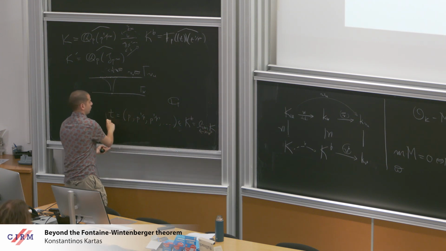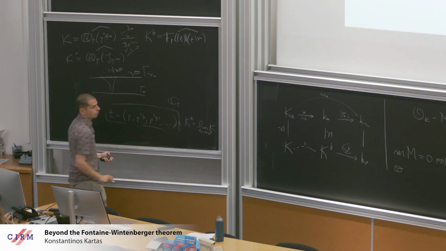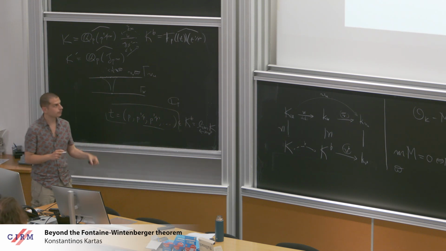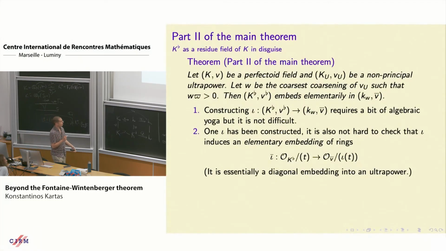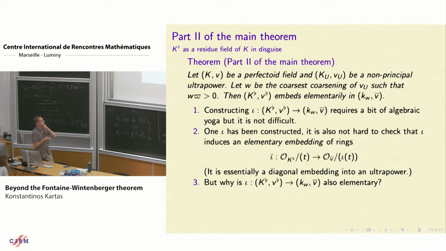So you can take this as T. So it's a diagonal embedding modulo some Frobenius twist that's happening. The interesting thing is how to use this to actually show that the map iota is elementary.